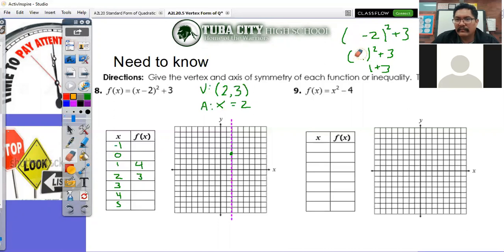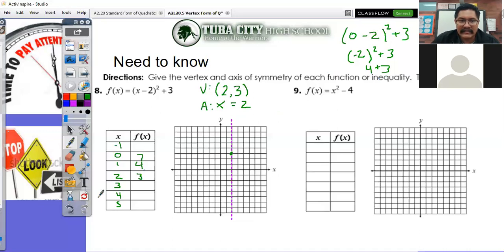And I'm going to go ahead and erase this so I can write it again for 0. So 0, now I'm going to replace x with 0. 0 minus 2 is negative 2. And negative 2, if I square that, so remember that's negative 2 times negative 2, that's going to be 4.